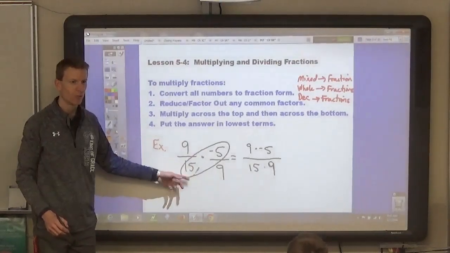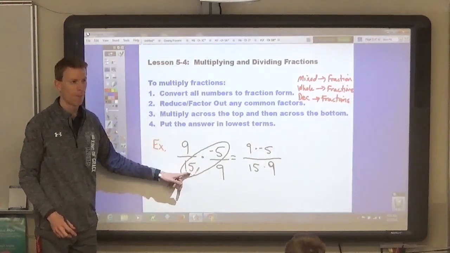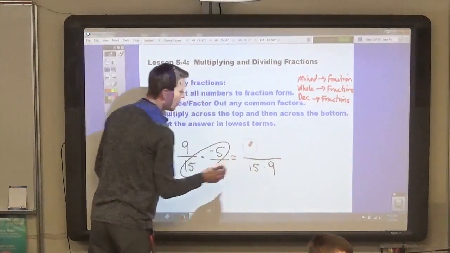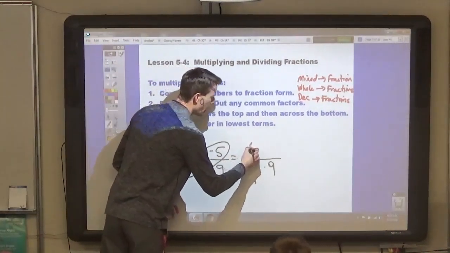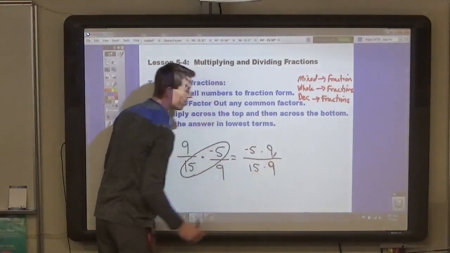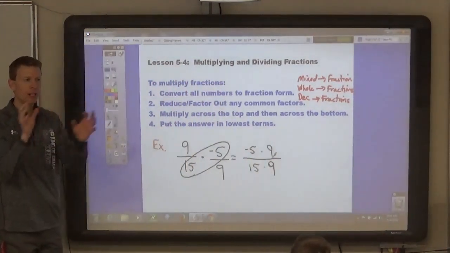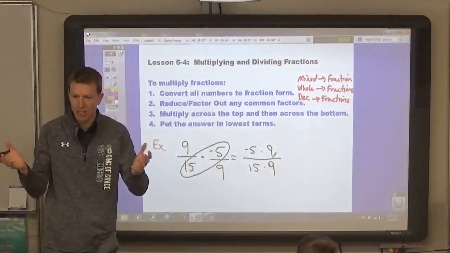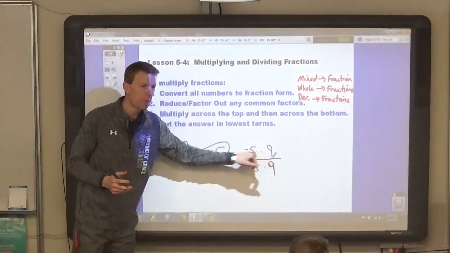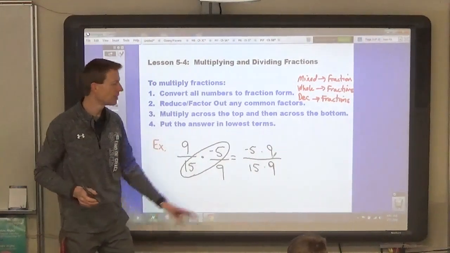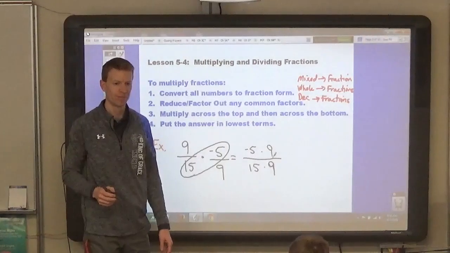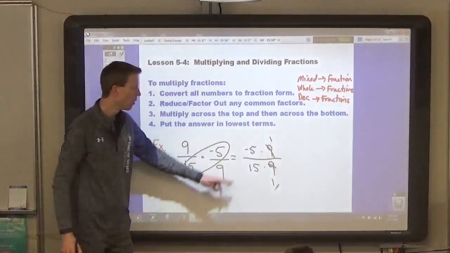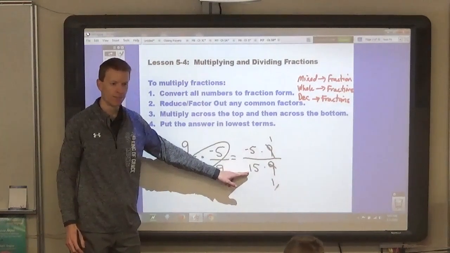Do you want to know why we can reduce this? Could we rewrite this and make it -5 over 9? Can you rewrite multiplication in a different order? What is that property? That's the commutative property. So we can use the commutative property to rewrite it. And what's 9 divided by 9? 1. So we can reduce that to 1. What's -5 over 15?